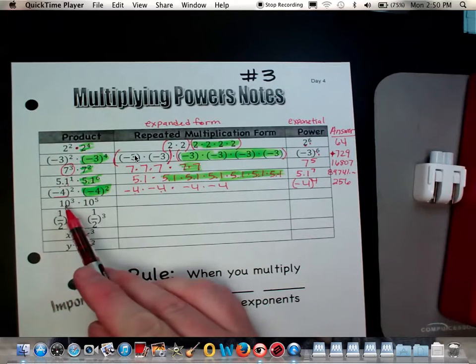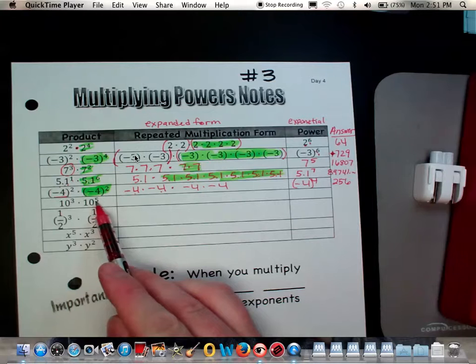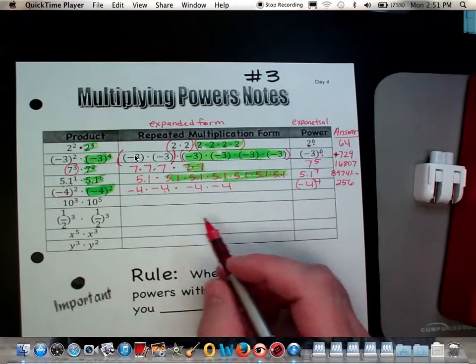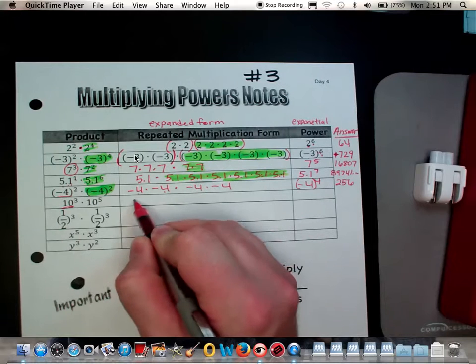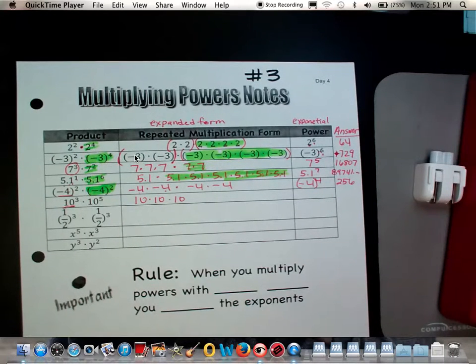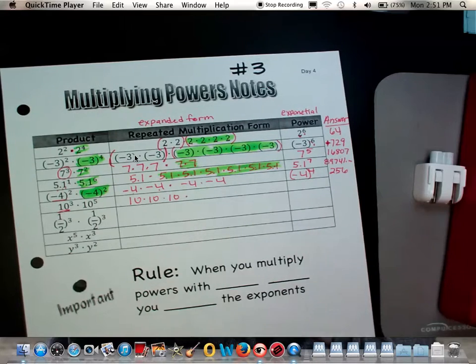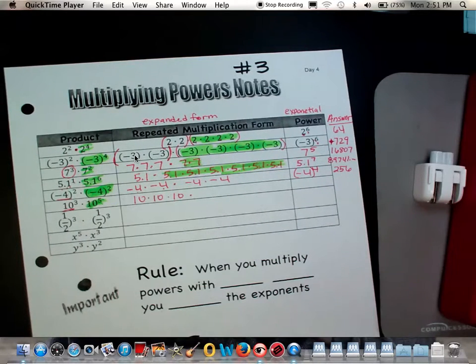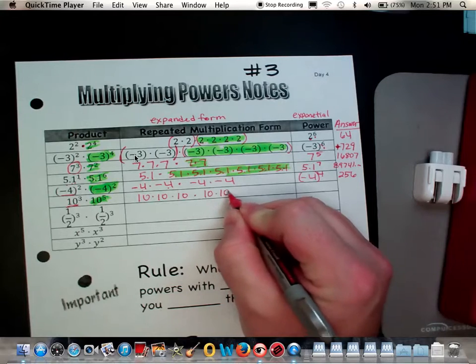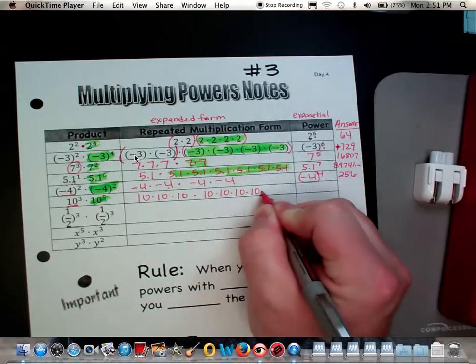Let's try this one. 10 to the third power, 10 to the fifth power. I'm multiplying 10 to the third times 10 to the fifth. So I'm going to start with this one. That's 10 times 10 times 10. Then I'm going to multiply it by this one, highlighting green.